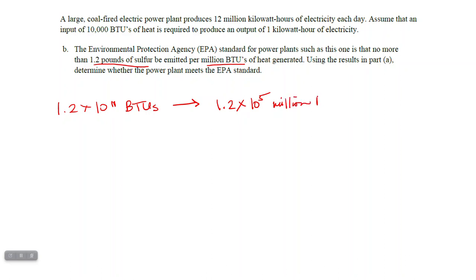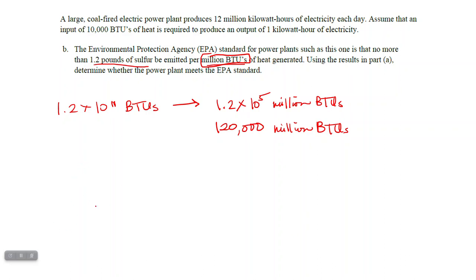Why am I saying that? Because remember, our standard is per million BTUs. So we're going to need to use that as kind of a unit. If I'm just writing it out, that would be 120,000 million BTUs. I know that's really unwieldy, but don't worry. We're going to be getting rid of that.